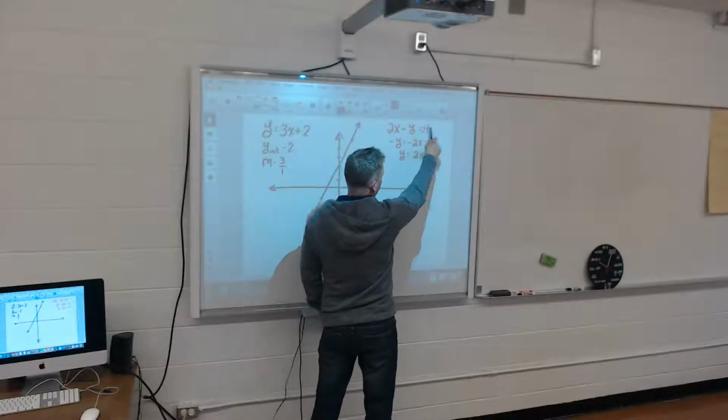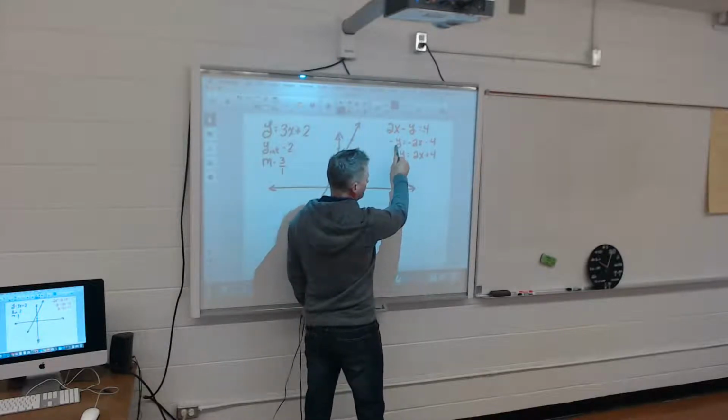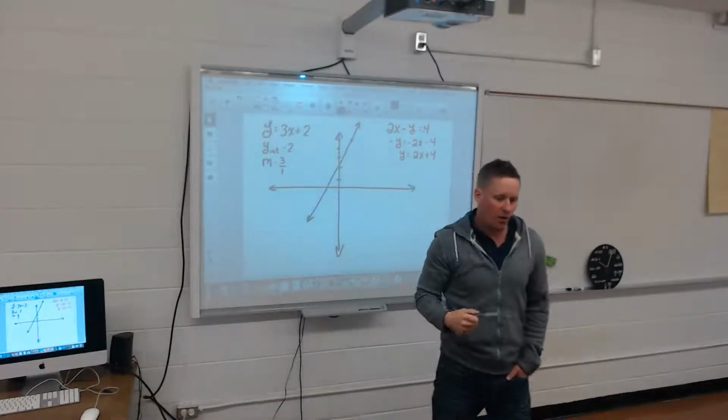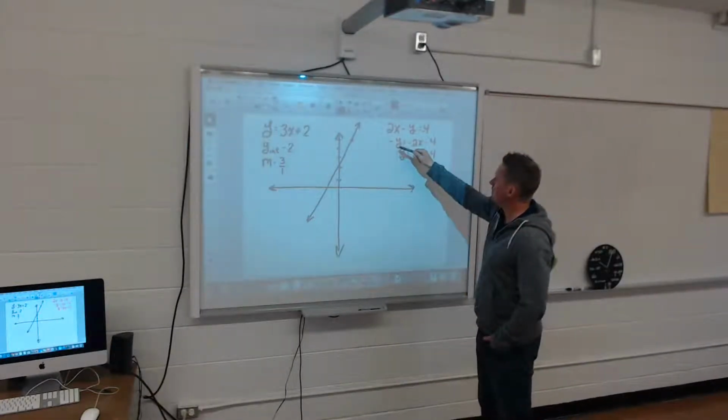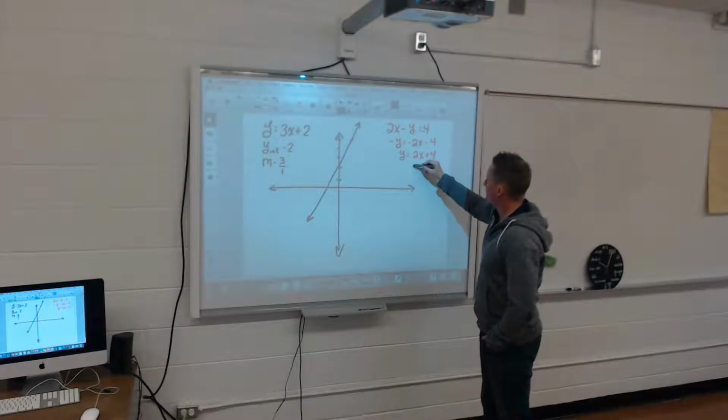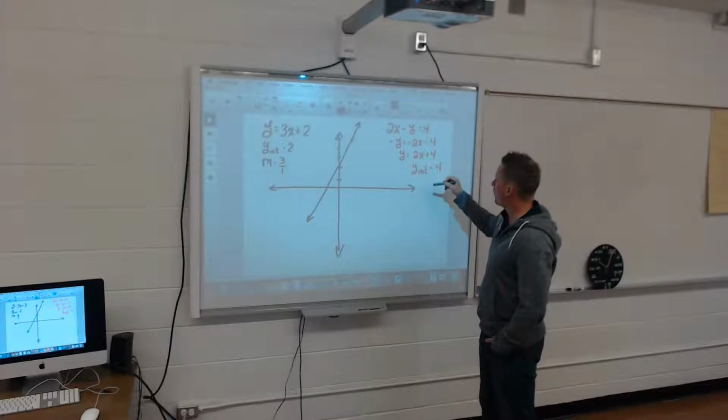So I have subtracted the 2x to this side, but it left me with a negative y right there. I don't want a negative y. I want to have a y equals. So now my y-intercept for this guy is 0 and 4, and my slope is 2 over 1.